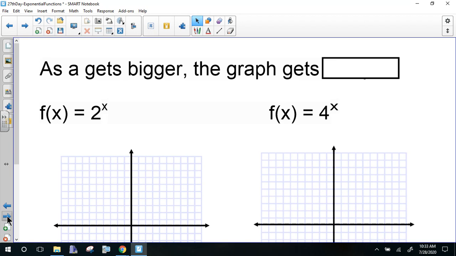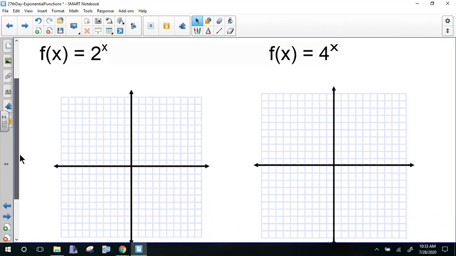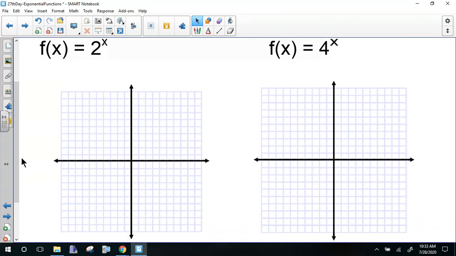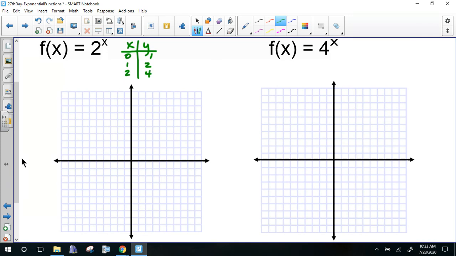So as a gets bigger, the graph gets steeper. So let's take a look at an example for that. I'll make a table of values for 2 to the x power. 2 to the 0 power is 1, 2 to the 1 power is 2, 2 to the 2 power is 4.